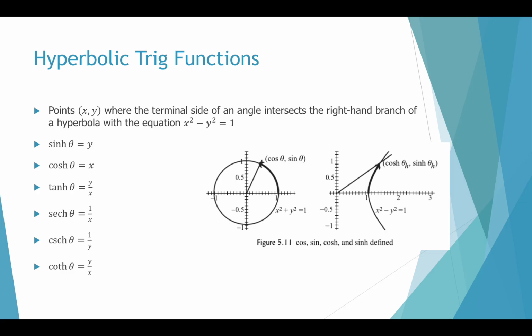So here we have points x, y, where the terminal side of an angle intersects the right-hand branch of a hyperbola. So we're only looking at those that are right hand. We're going to treat it like it's centered on a unit, right? So our vertex is at 1, kind of like we set the unit circle to all be a distance of 1.